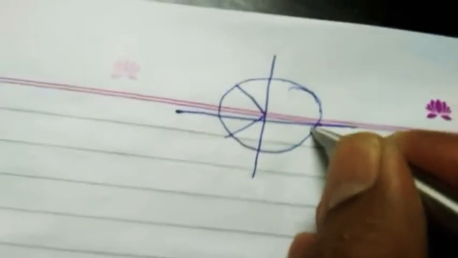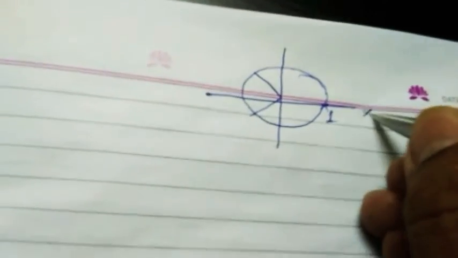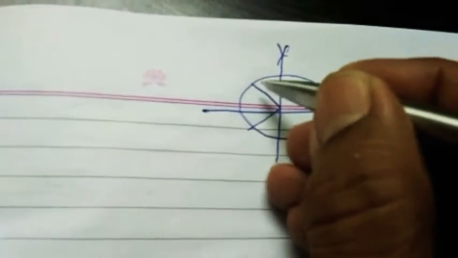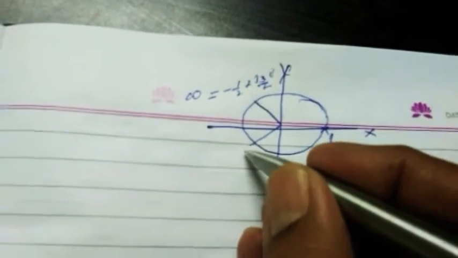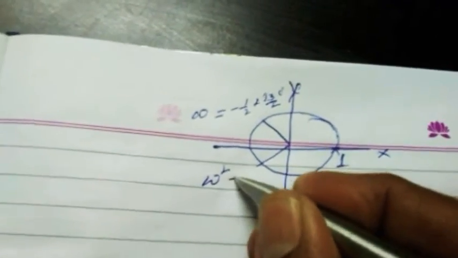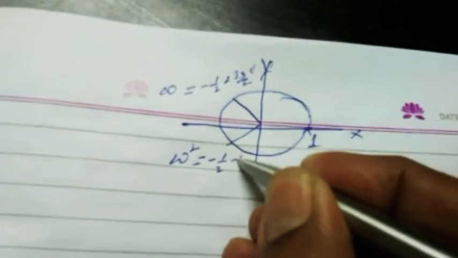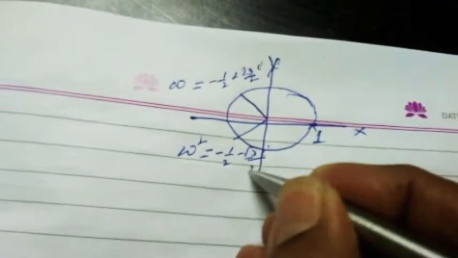How can we interpret it geometrically? I am putting it in the Argand plane. I put 1 on the real axis because it is real, and omega is minus 1 plus root 3 iota by 2, in the second quadrant, and omega square is equal to minus 1 minus root 3 iota by 2, in the third quadrant.